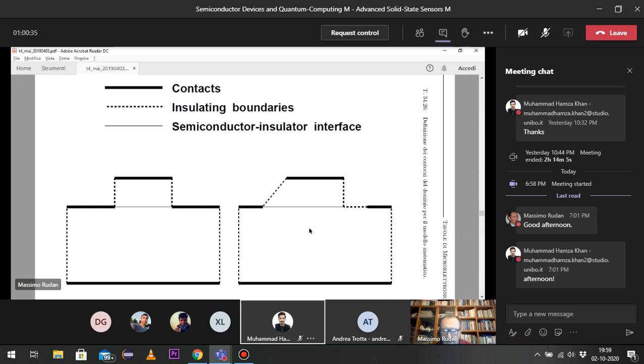So if they are shorter, then we have a decision to take. How do we describe the insulating boundaries of the domain for the oxide? Should we take it with a slope, like we did on the left, connecting the gate contact with the source contact, or should we take it with an angle, like we did on the right?